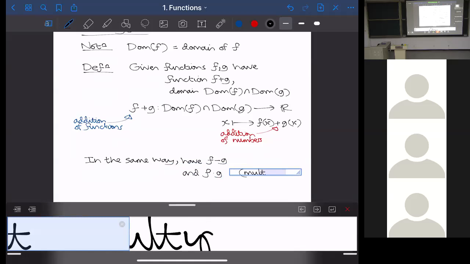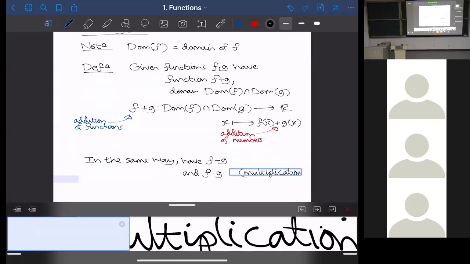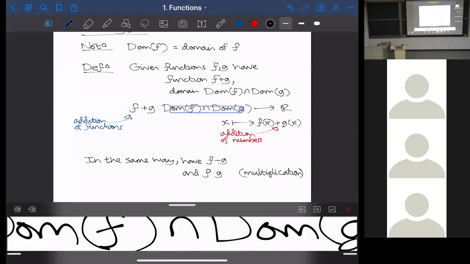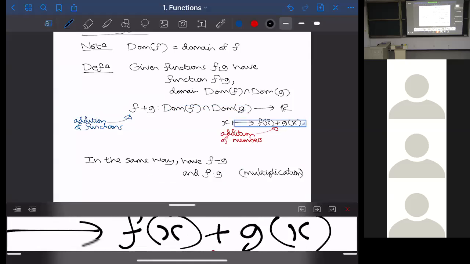It's multiplication. And they're all defined on domain F intersect domain G, because if X is not in that set, this formula does not give a result.